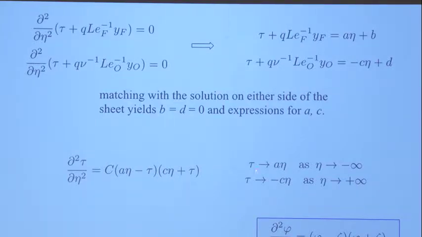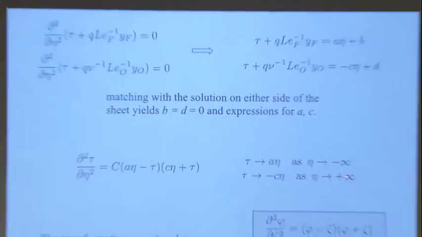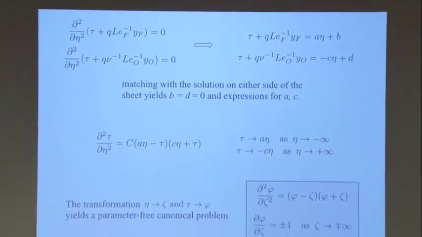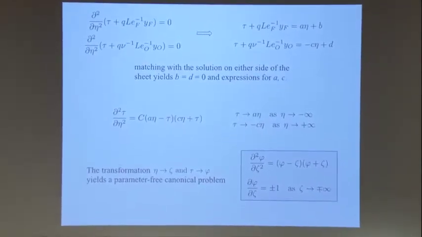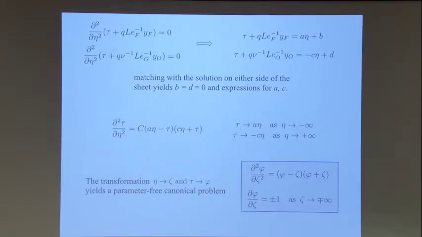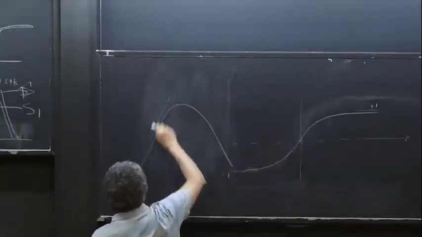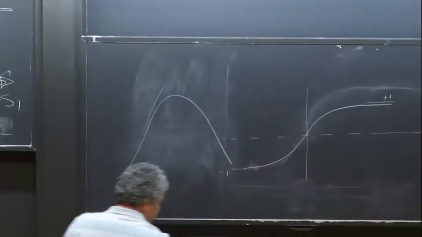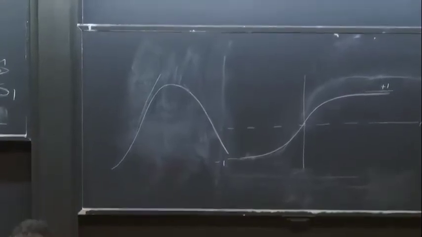Now, the matching conditions are that as eta goes to negative infinity, in other words, as you approach the fuel edge, tau has to have this slope, and when you approach the oxidizer side, the slope is minus C. Remember that the temperature does something like this, and so clearly the slope here is positive and here is negative, so it just fits that picture.